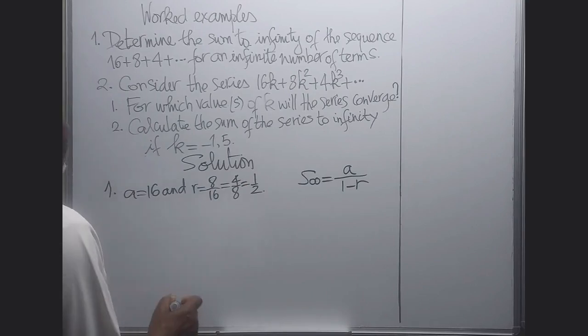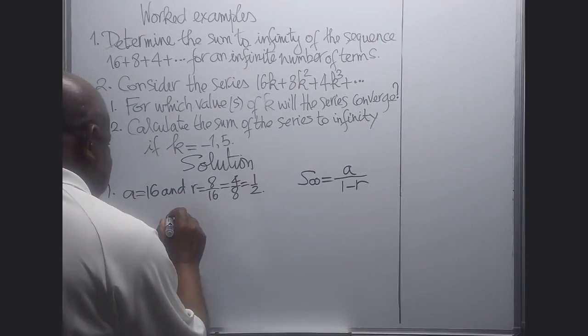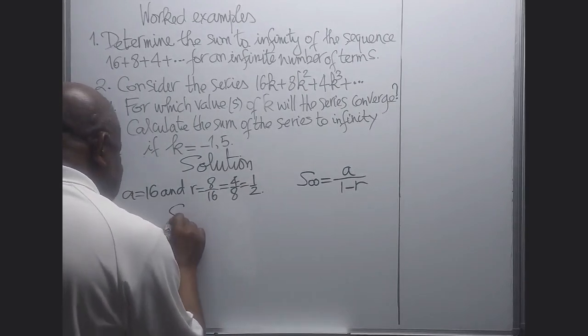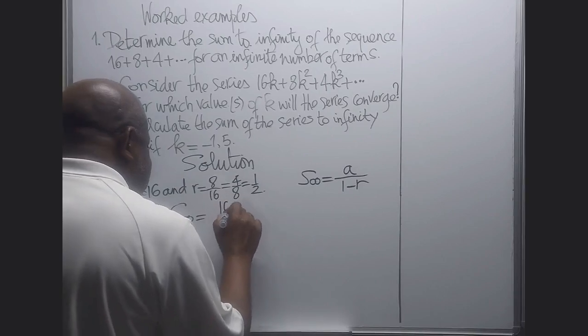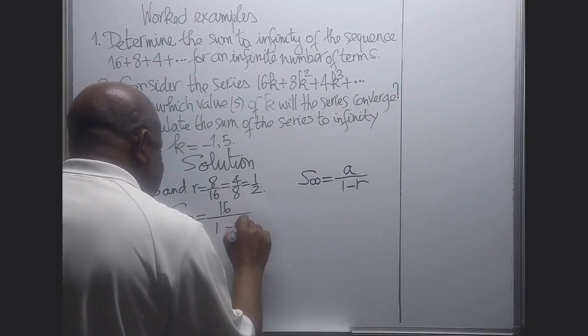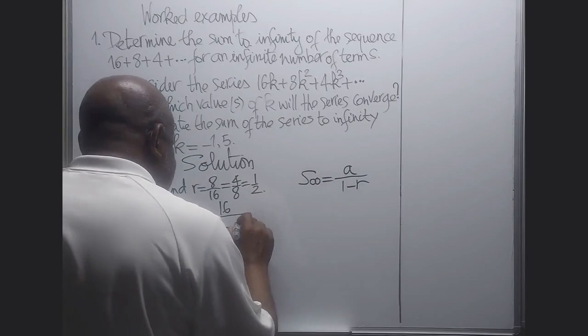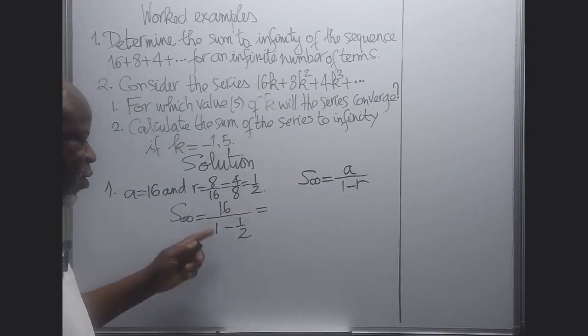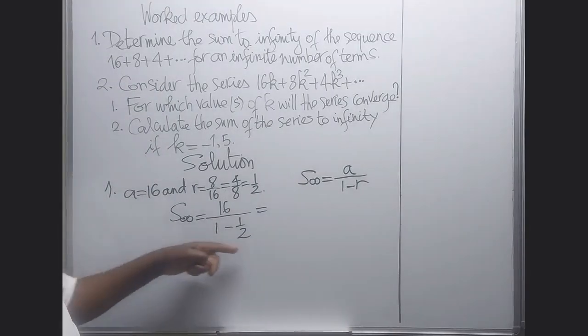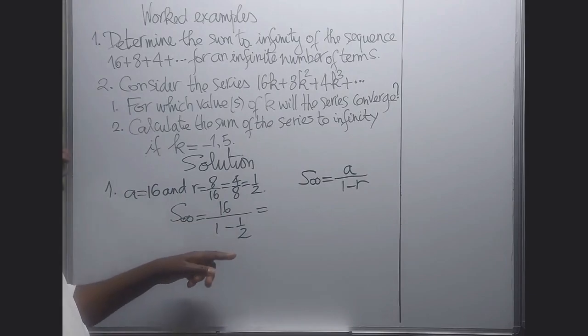So now we can determine the sum to infinity. Sum to infinity will be equal to A, which is 16, over 1 minus the common ratio, 1 over 2. So at the denominator we have 1 minus 1 over 2. It will give us 1 over 2.